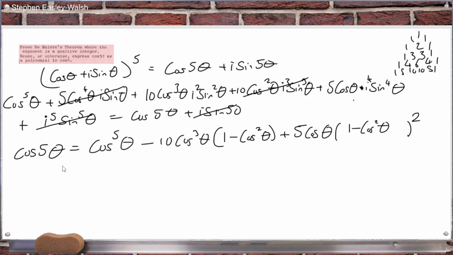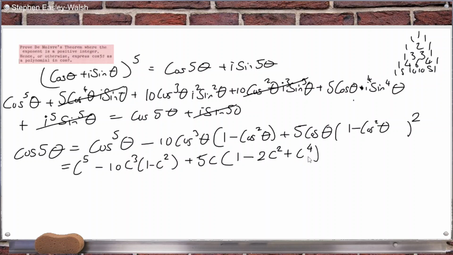Okay, so this is equal to, now what's quite common, rather than writing cos each time, we'll just write c. So this is c to the power 5 minus 10 c cubed times (1 minus c squared) plus 5c times (1 minus c squared) squared, and this is 1 minus twice the first by the second plus the second squared.